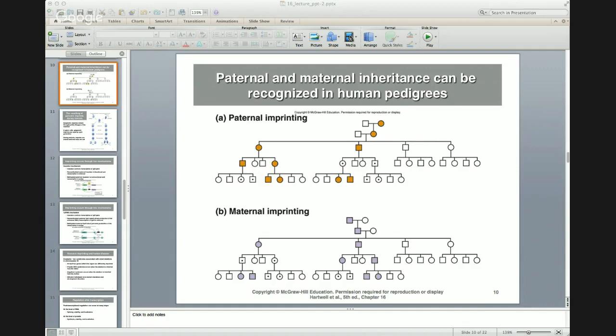When the deletion is inherited from the father, it results in Prader-Willi syndrome. So in Prader-Willi syndrome, the deletion is inherited from the father, and the imprinted or inactivated copy is inherited from the mother. So the father passes on a deleted copy of this region of chromosome 15.